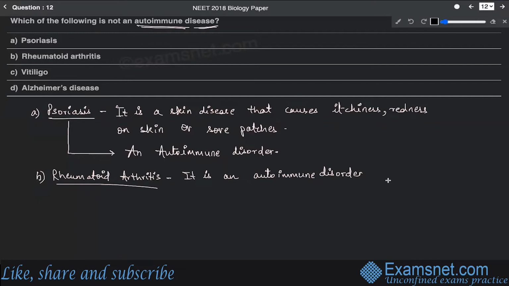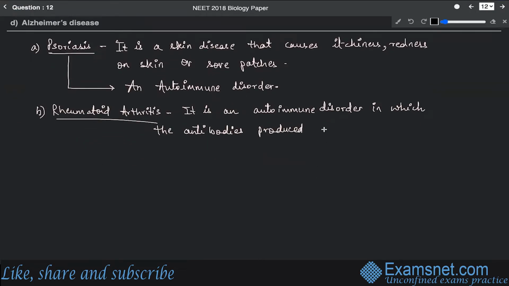So this is basically an autoimmune disorder in which the antibodies produced act against the synovial membrane.